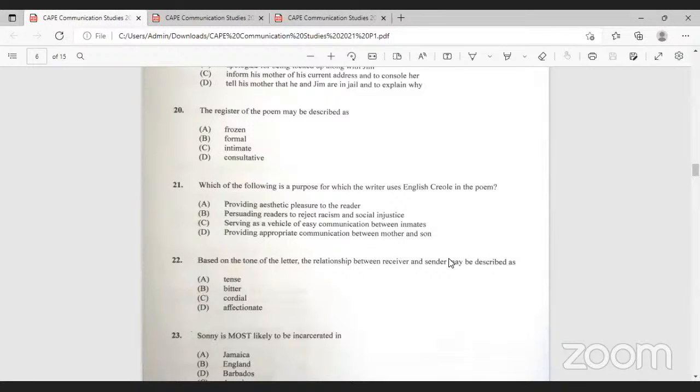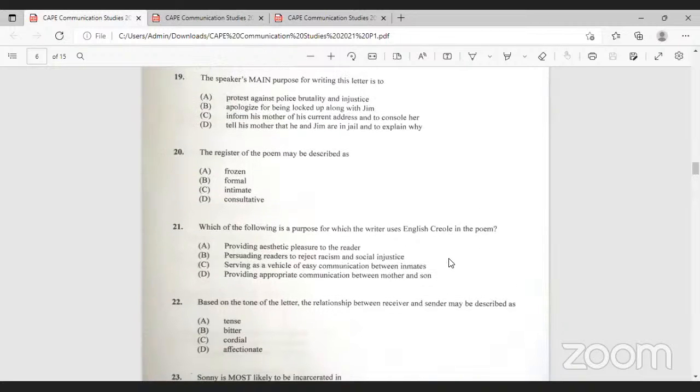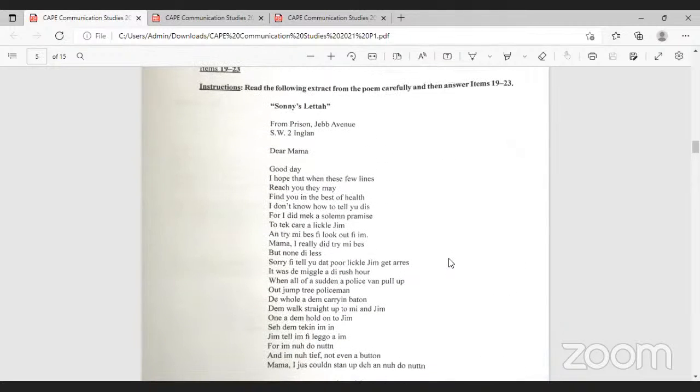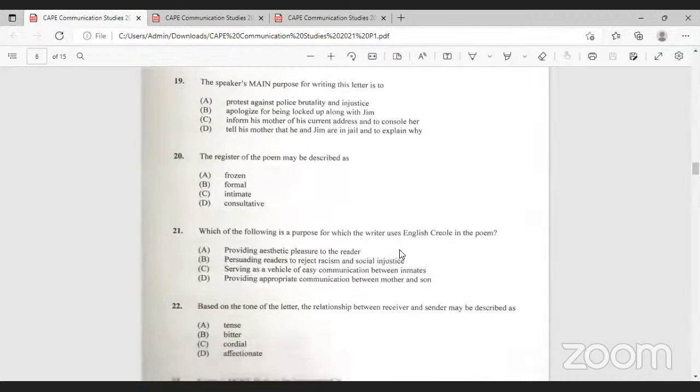21, which of the following is a purpose for which the writer uses English Creole in the poem? Is it providing aesthetic pleasure to the reader, persuading readers to reject racism and social injustice, serving as a vehicle of easy communication between inmates, or providing appropriate communication between mother and son? Why is he using Creole? Remember, he started out basically with English, the first 3 lines, and then the rest of it, he went into Creole.